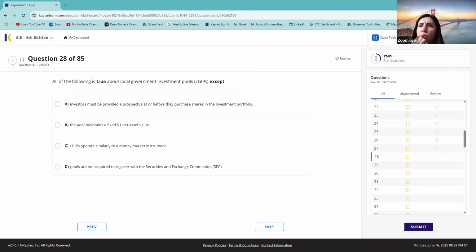But they don't need to register, right? Well, that's true. Pools are not required to register. And remember, they're asking except. All the following is true, except D is true.